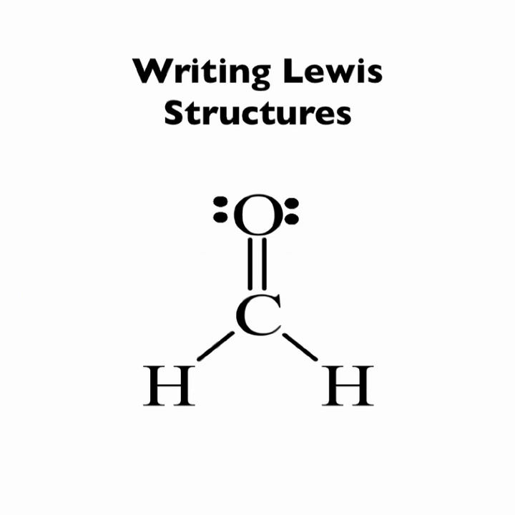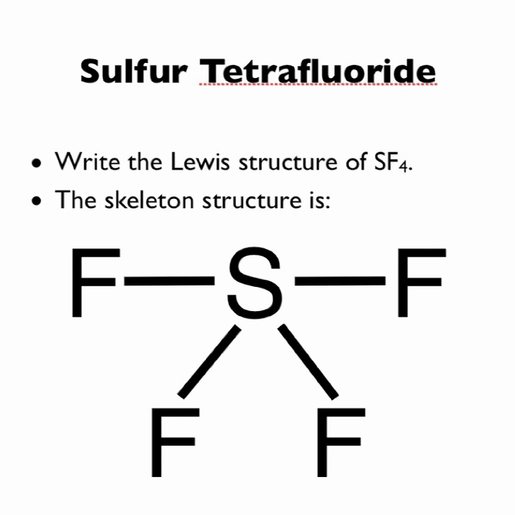Another example, let's write the structure for sulfur tetrafluoride. The formula implies that the 4 fluorines are attached to the sulfur. Again, the way I have them attached here is not representing the actual angles of the molecule. The Lewis structures do not predict that. So how many valence electrons are in this molecule?